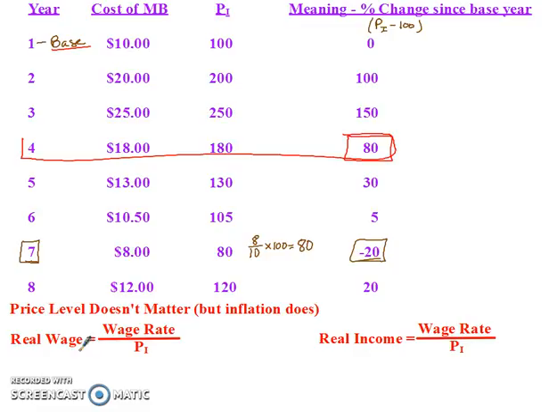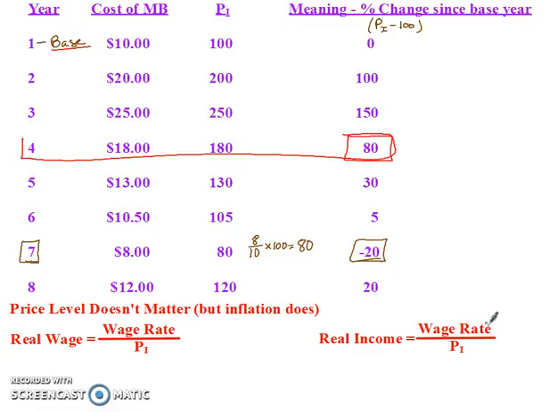And same thing when you think about income: you take the income divided by the price index, and that takes you back to what the real income was during the base year. So however you want to think about it, in real income or real wages.